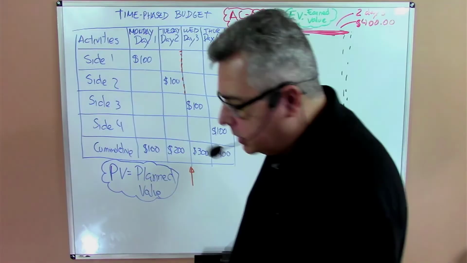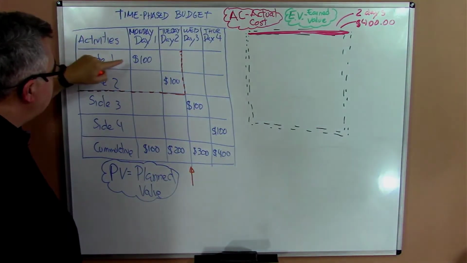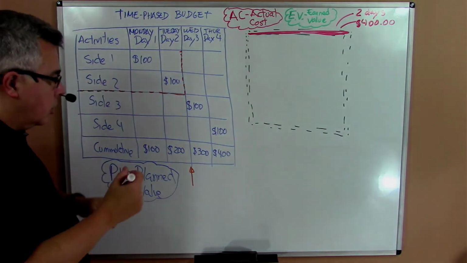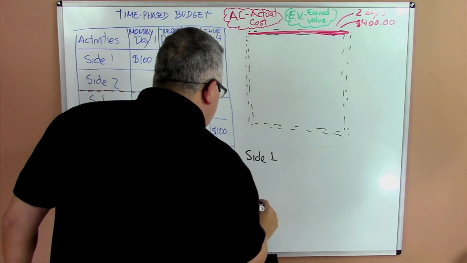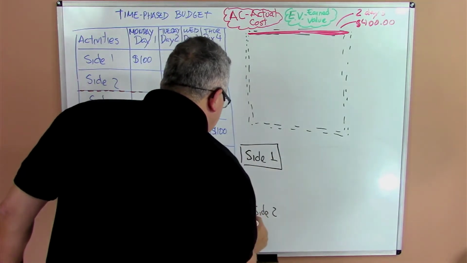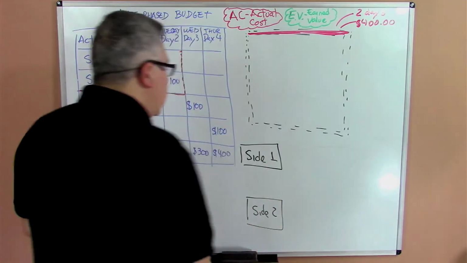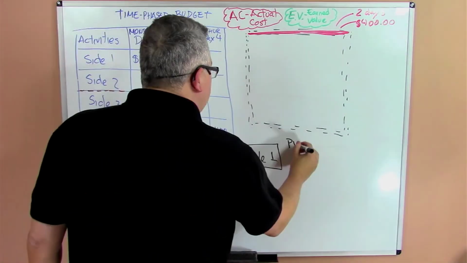So in that first report, you have to report what was executed for the two sides. We have one side of the fence, side 1, and side 2. Let's calculate some numbers for each side. For side 1, what is the planned value?